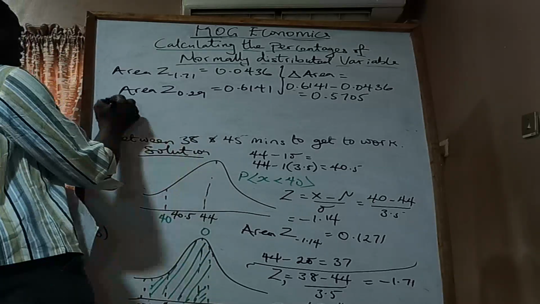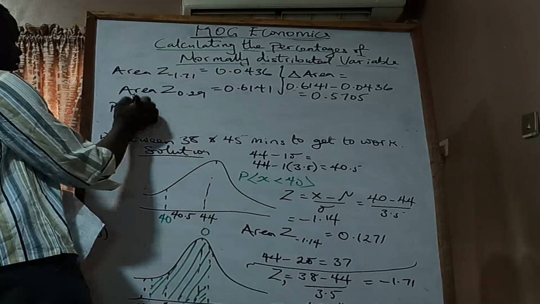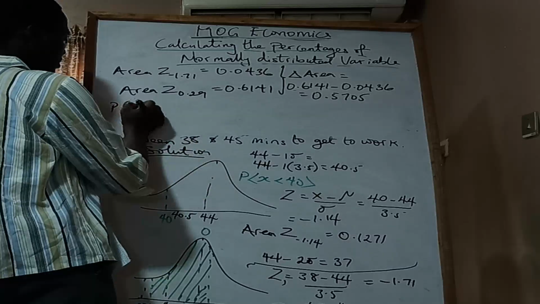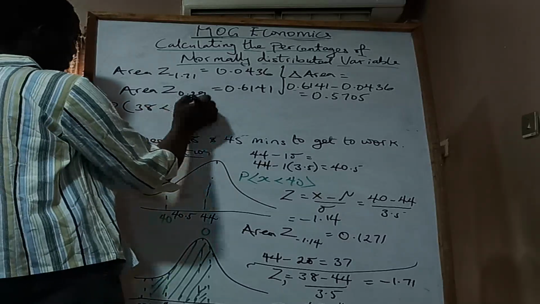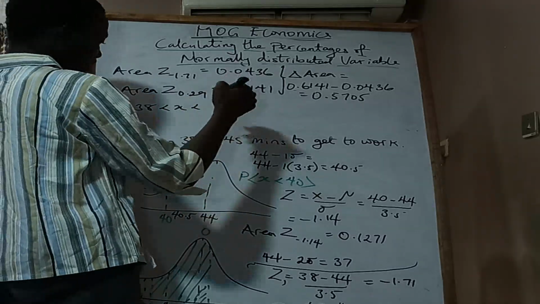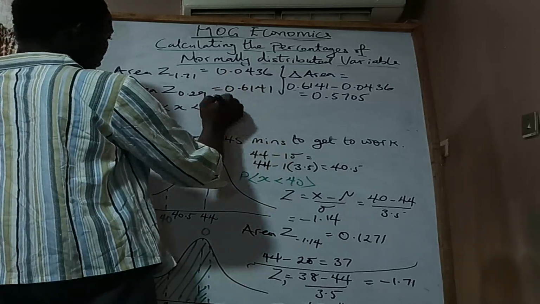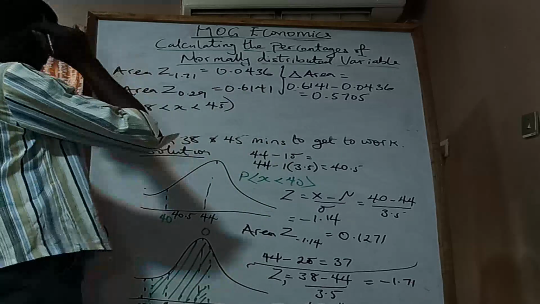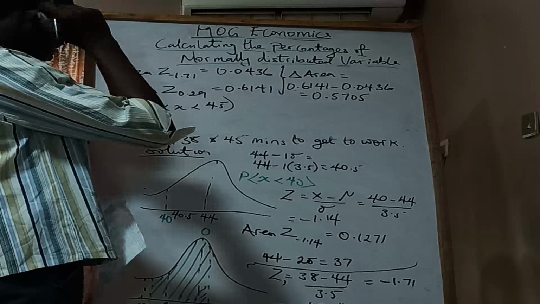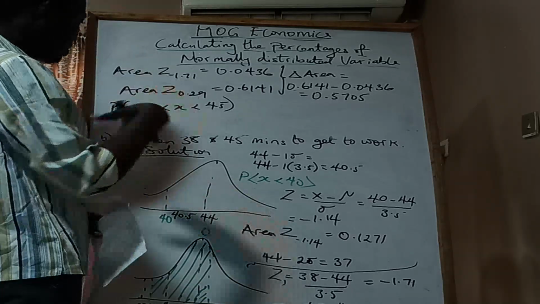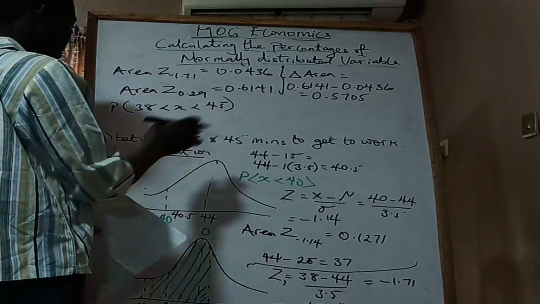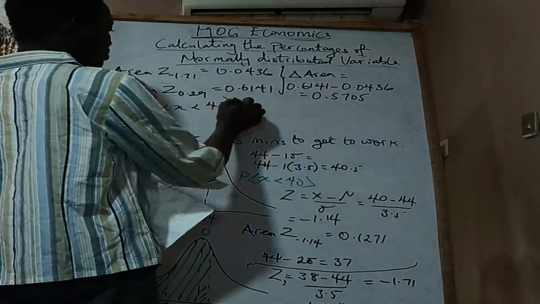All right. So remember, the question says, what's the probability of spending between 38 and 45 minutes to get to work. So you want to express that as the probability of 38 less than x less than 45. Normally it should be 38 less than or equal to x less than or equal to 45, but for some reason it's left this way.